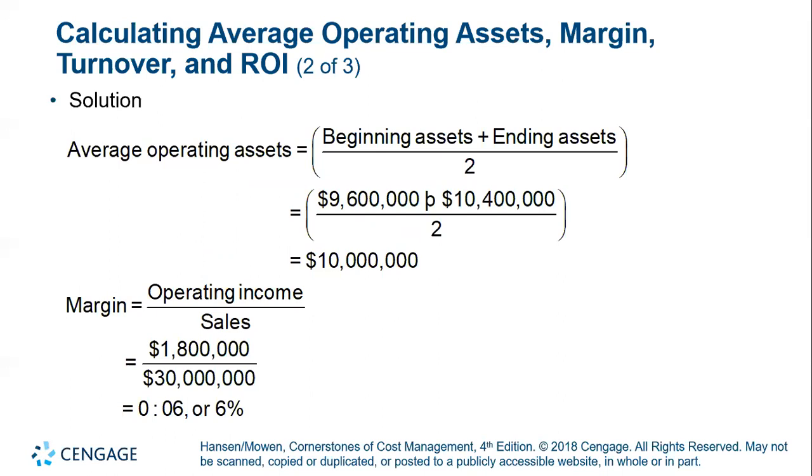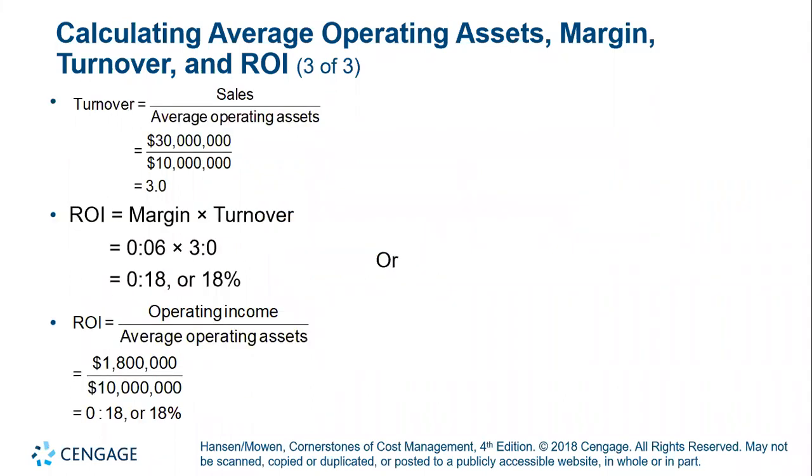So we have the margin equal to 6%. And of course, we have the average operating assets equal to 10 million. Now, computing the turnover, or the operating assets turnover, we divide sales by the average operating assets.